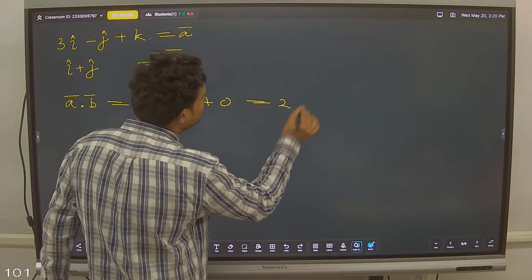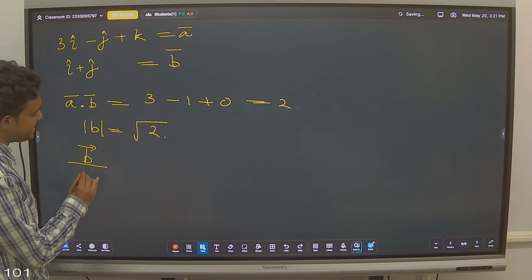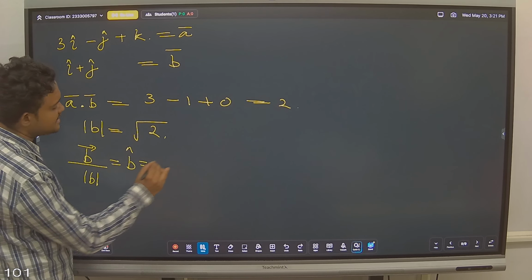So what is mod B? Mod B is root 2, right? So what is B vector by mod B? Which is equal to B cap, which is equal to I plus J divided by root 2, right?